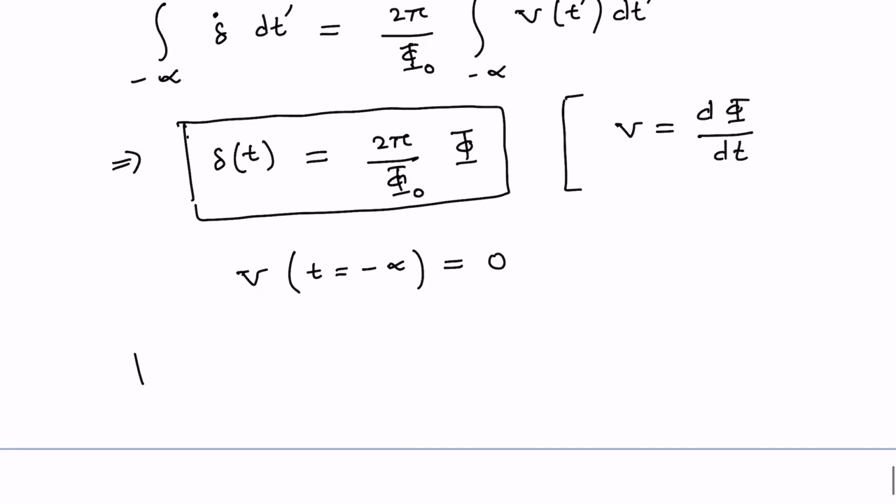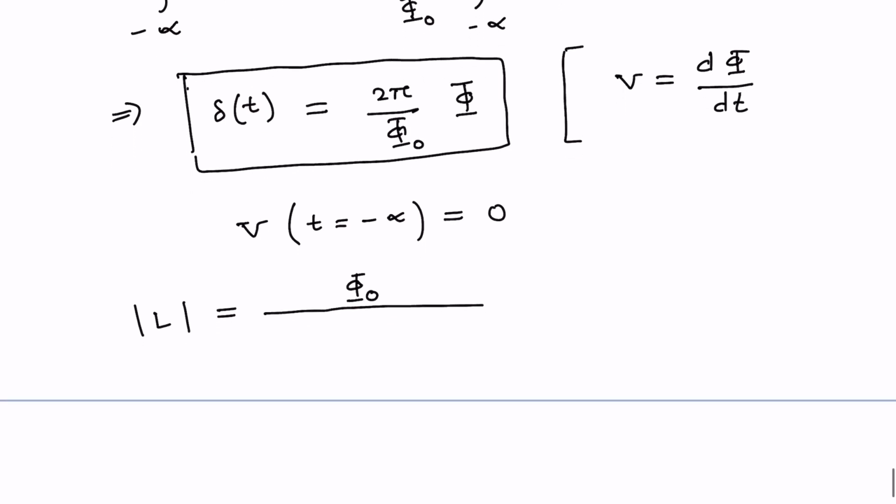From here I can now write the expression for the inductance of the superconducting Josephson junction as phi 0, that is the magnetic flux quantum, divided by 2 pi I0 cosine of this delta, which is 2 pi divided by flux quantum phi 0 into magnetic flux phi.